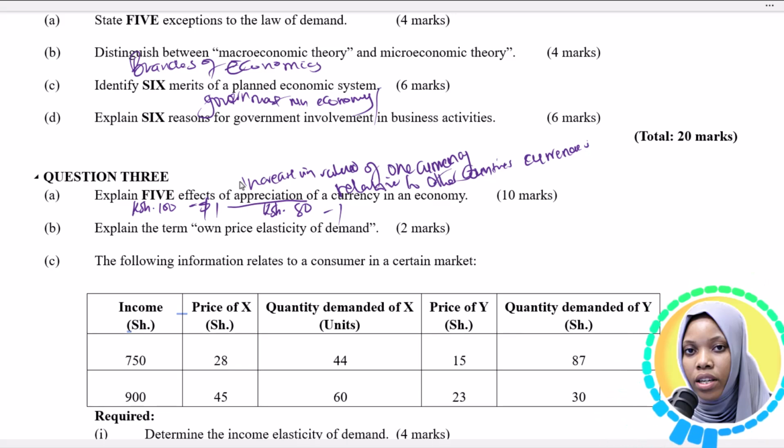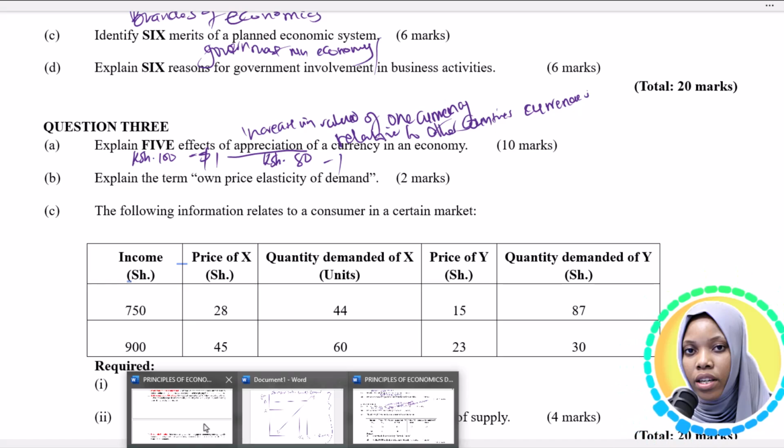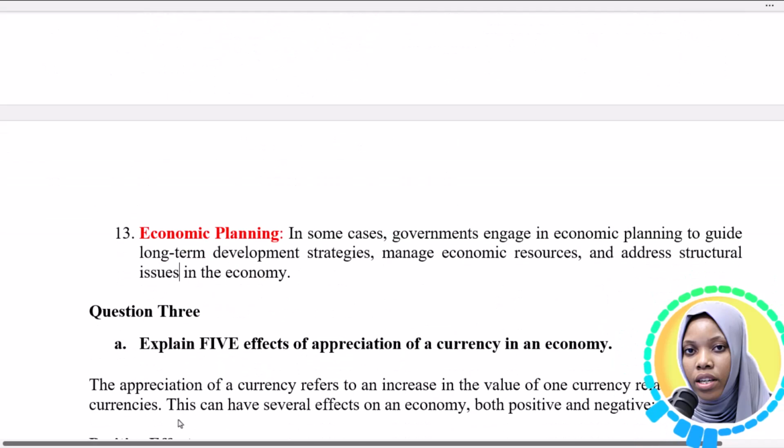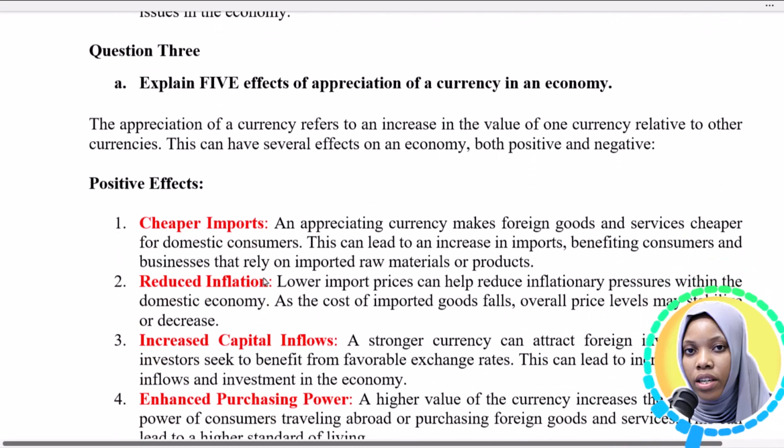then we say the Kenyan shilling has appreciated over the dollar. And I have prepared the effects, both positive and negative. So let's go and read them through here. The appreciation of a currency refers to an increase in the value of a currency relative to other currencies.